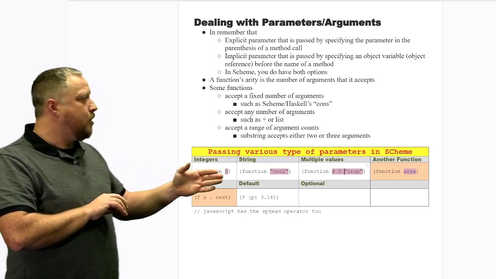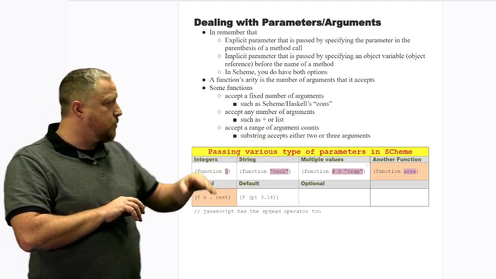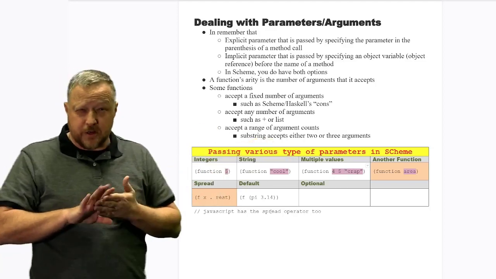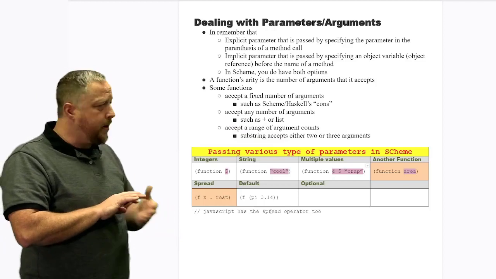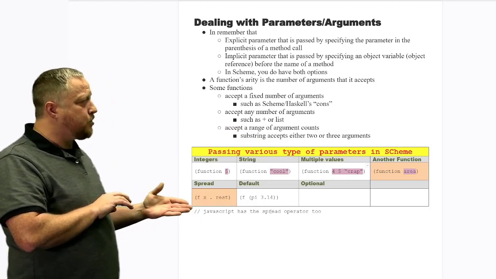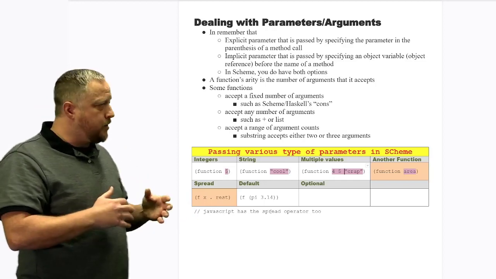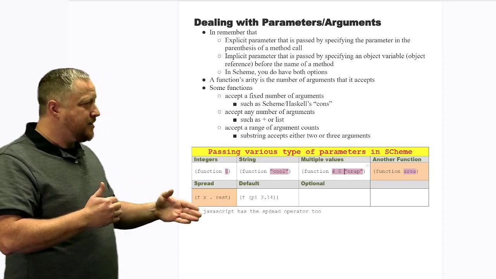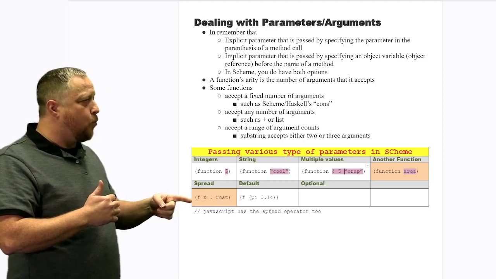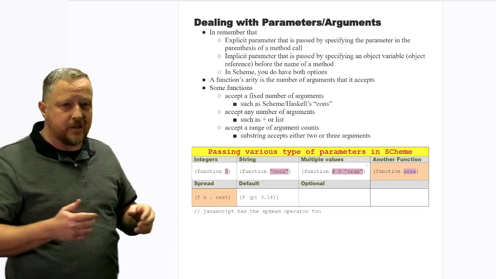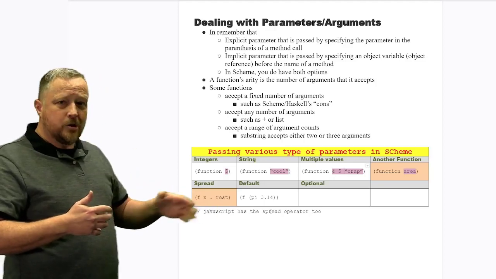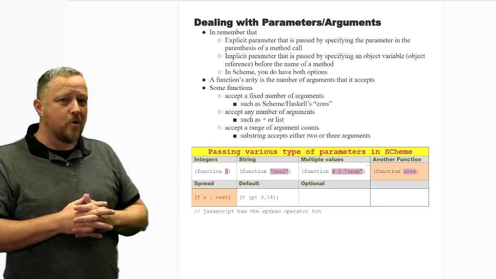But anyway, you know about passing integers, strings, multiple values, and another function, which we will get into in higher order functions in a couple weeks. But the one you may not be used to is called the spread operator. The spread operator allows you to have one parameter, which is x, and could be named anything, and then you have an unlimited number of parameters after that.